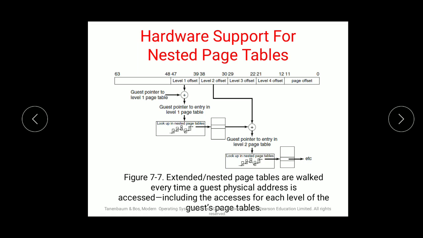AMD calls it nested page table and Intel refers to it as EPT, extended page tables. Additional manipulation of page tables is carried out in the hardware without traps. So without any trapping, such nested page tables are formed. We have guest virtual addresses, guest physical addresses.